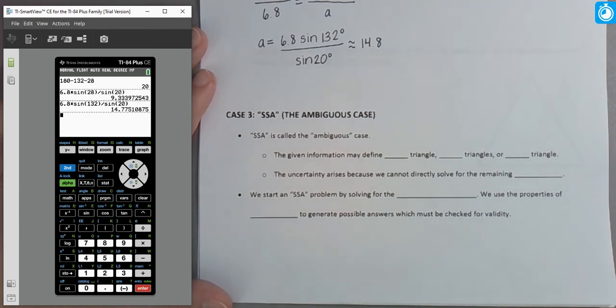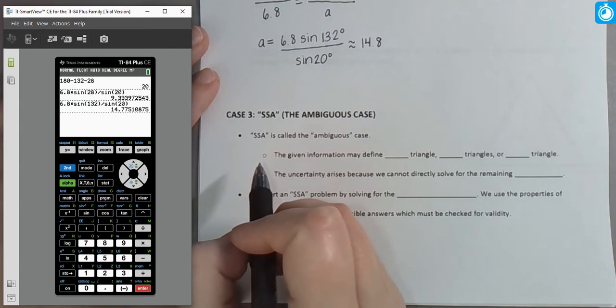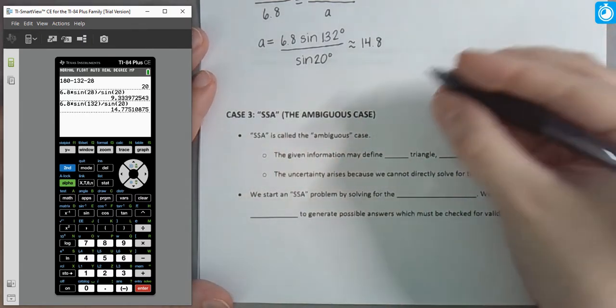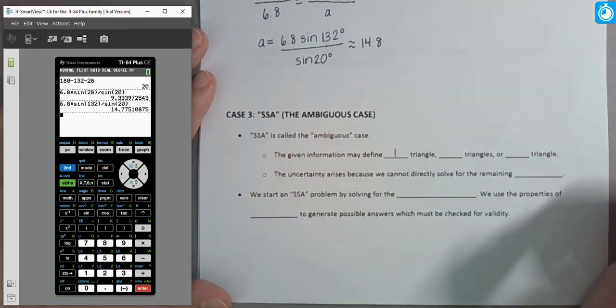So side-side angle, and you can probably guess why we don't call it angle side-side, we call it side-side angle, is the ambiguous case. So ambiguous in the sense that any information we're given about a triangle that will be structured like this could define one triangle, exactly one. In other words, there's a unique set of solutions for each of the unknowns.